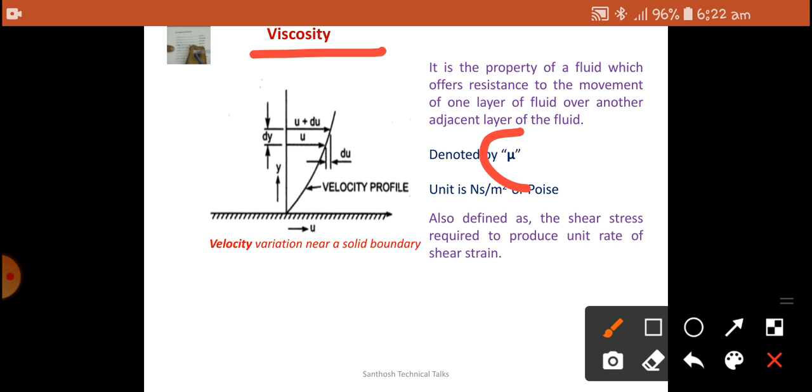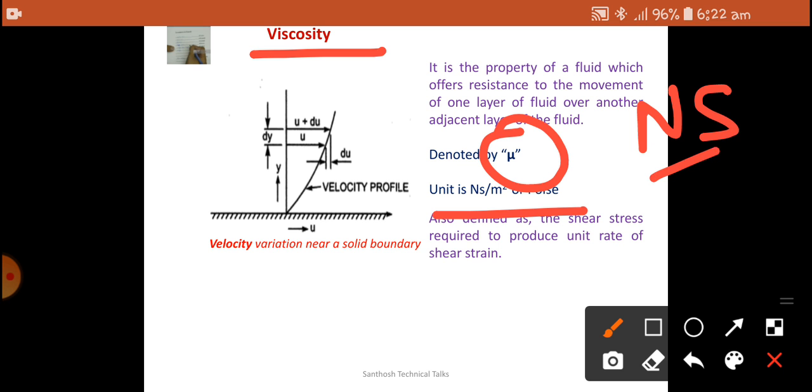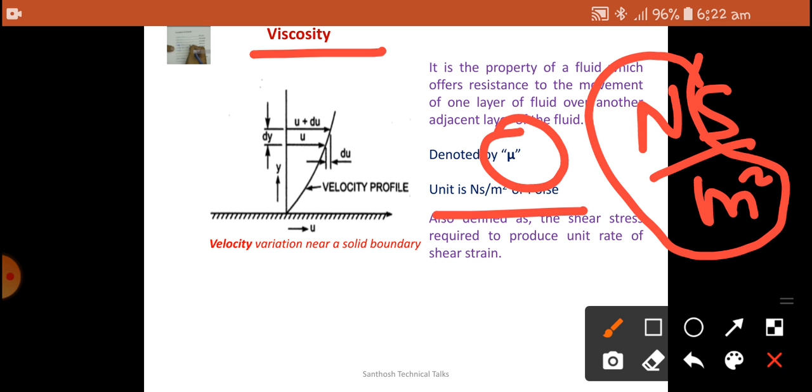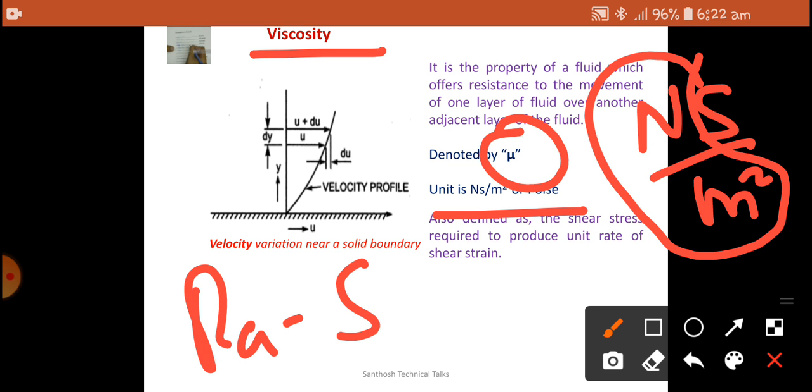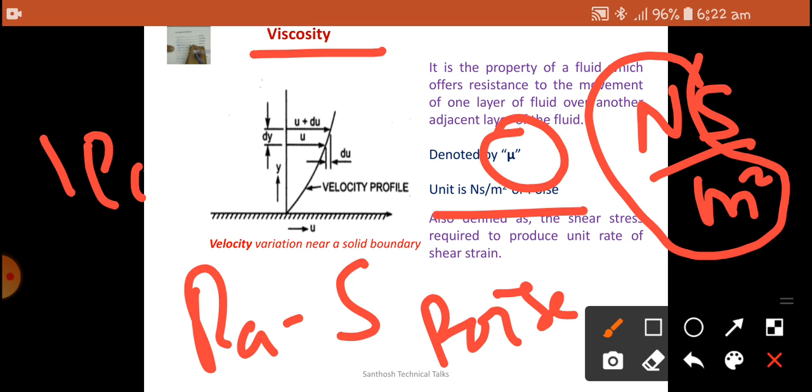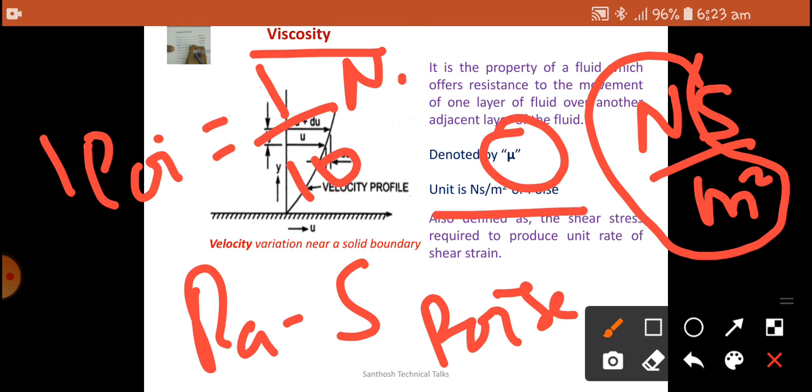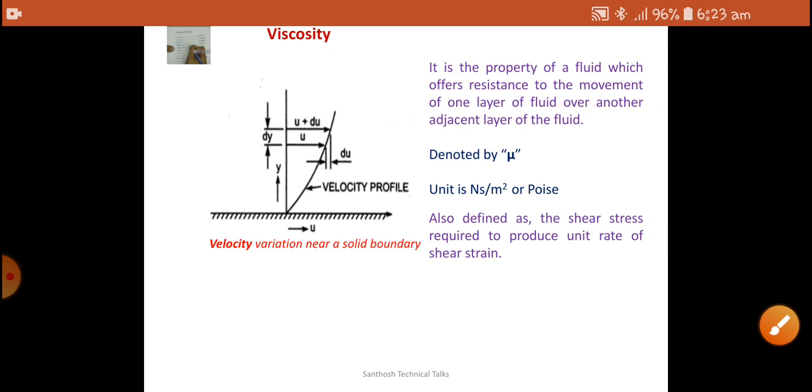It is denoted by mu. The unit is Newton second per meter square. We know that Newton per meter square is equal to Pascal, so it is also indicated in Pascal seconds, or sometimes poise. 1 poise is equal to 1 by 10 Newton second per meter square. So this you have to understand.